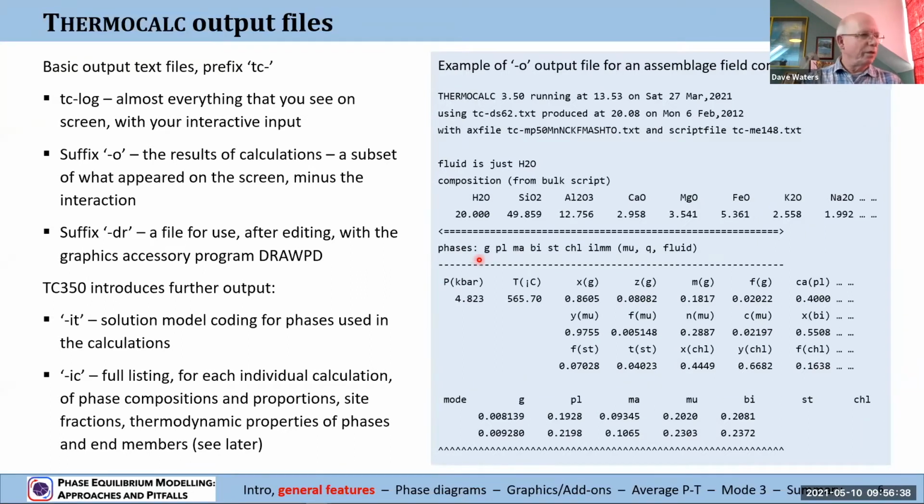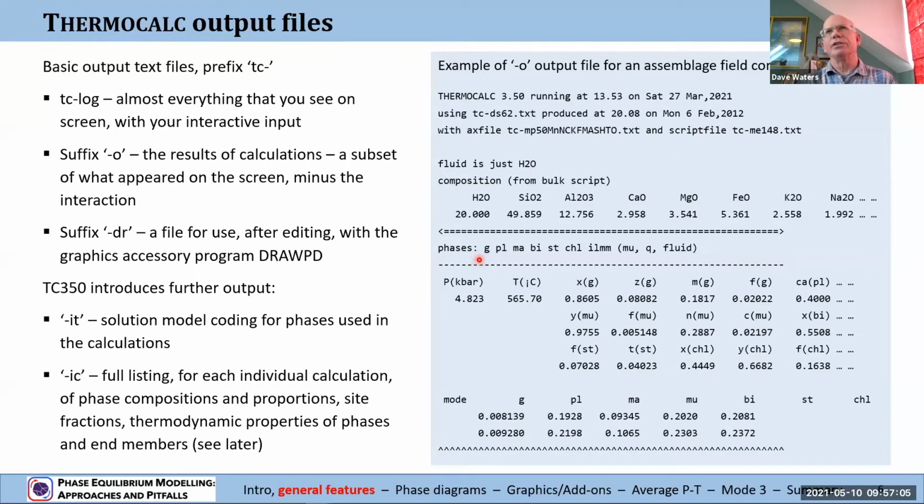We have then some output files that give us basic output text files, give us a log of essentially everything we can see on screen. There's an output file with a suffix O. I should say all these files begin with the prefix TC. Suffix O is the output file you may look at most of.